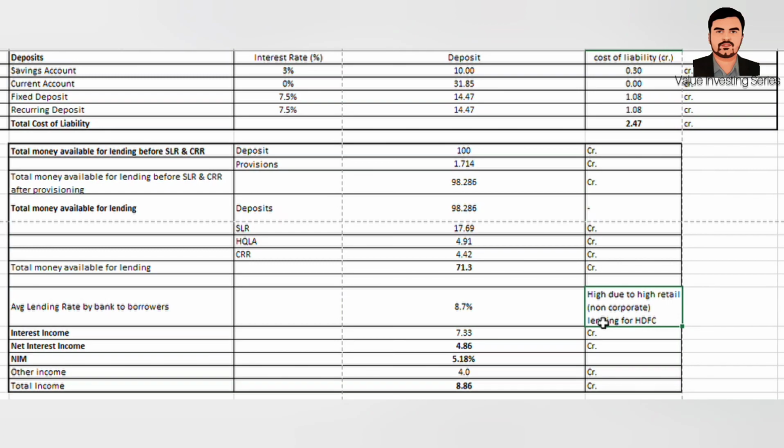for the bank. So if you see HDFC Bank, taking the case of HDFC Bank, it is giving more to retail borrowers. So in that case, you have got a granular scheme which we have already discussed earlier. Granular loans lead to lesser NPA and higher interest rates also, because if you are lending to corporate, you need to negotiate the terms with big people, like say you are lending to Reliance.